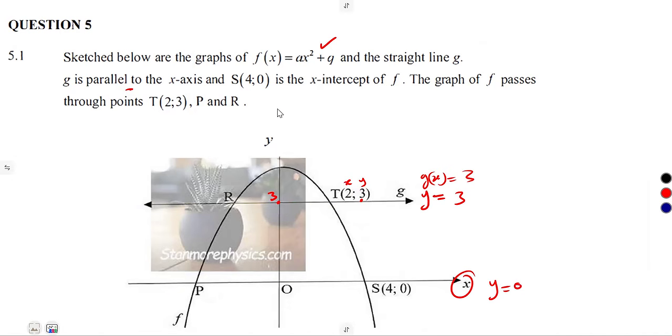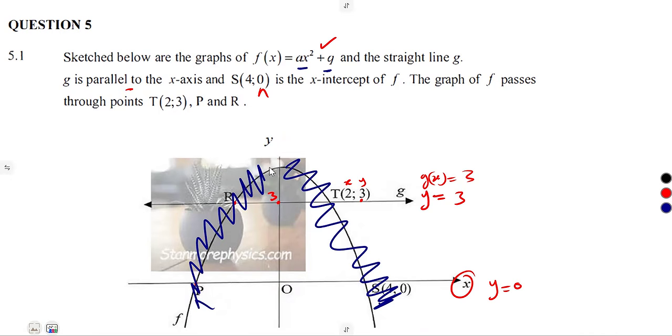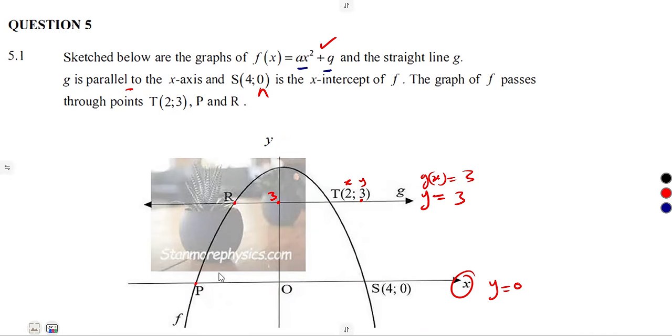Then we have S, the x-intercept. These two graphs pass through the points T, P, and R. There's another point P and another point R. From this type of graph, ax squared plus q, it is symmetrical about the y-axis, meaning what we see on the right-hand side is exactly the same as what we see on the left-hand side, only negative.